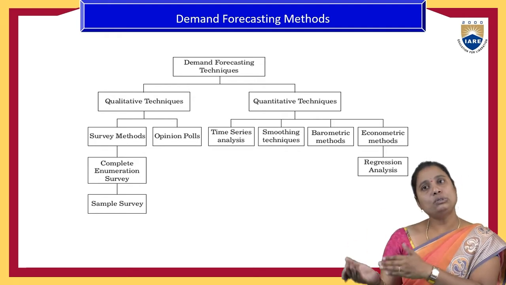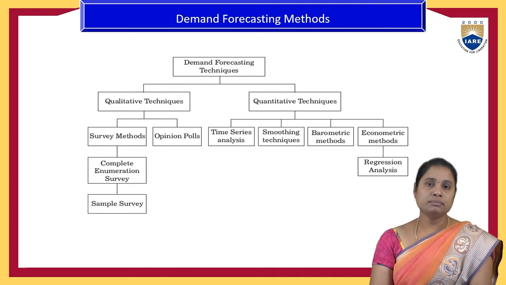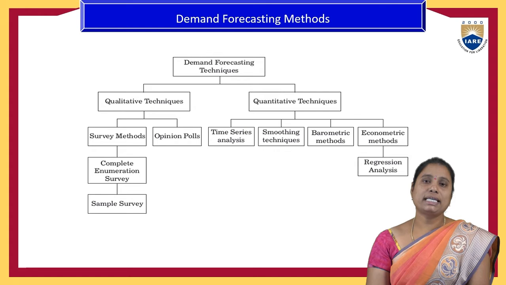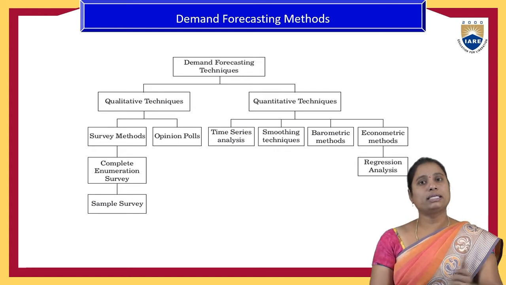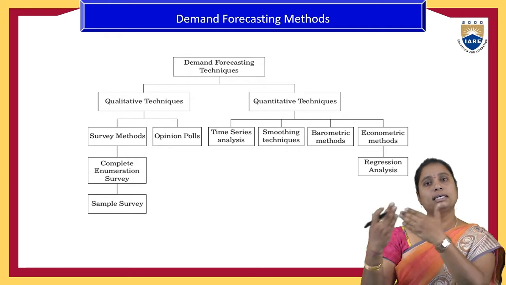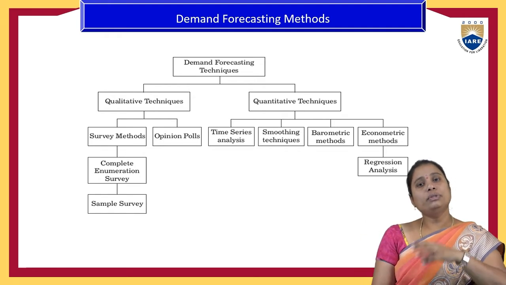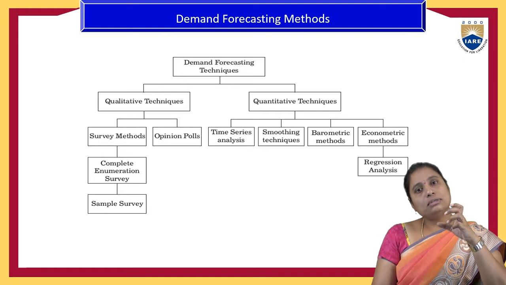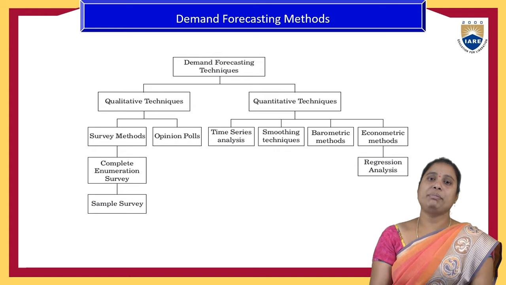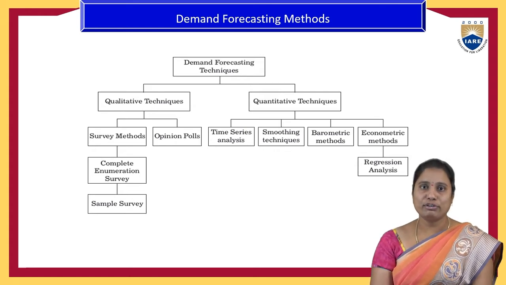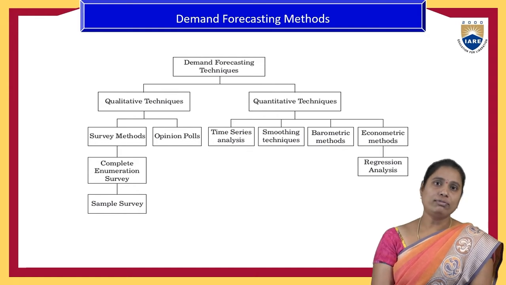Then, based on the quantitative elements, that is how much sales were done previously. Let us say last year 1000 articles were sold. This year, up to how much can they sell? So based on the quantity element of this data, if they estimate the future demand of a product, then that is called the quantitative technique.